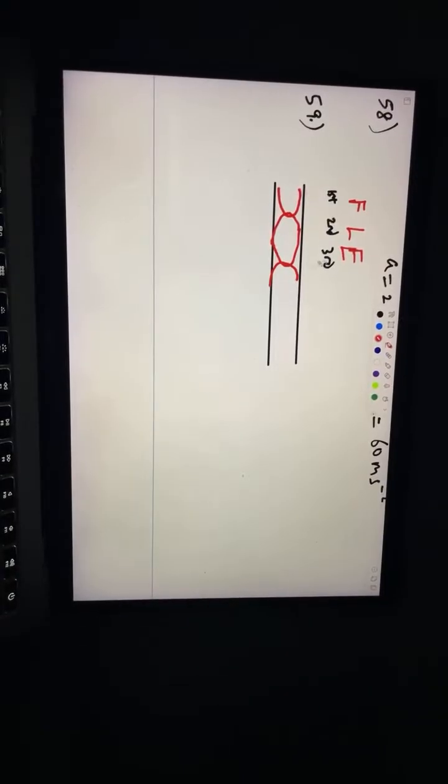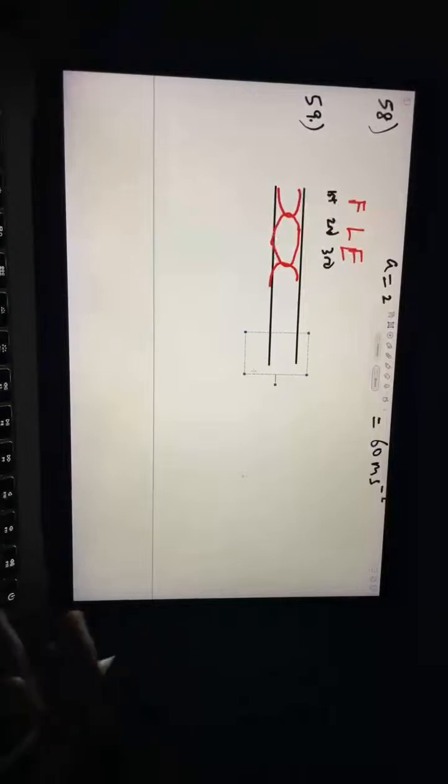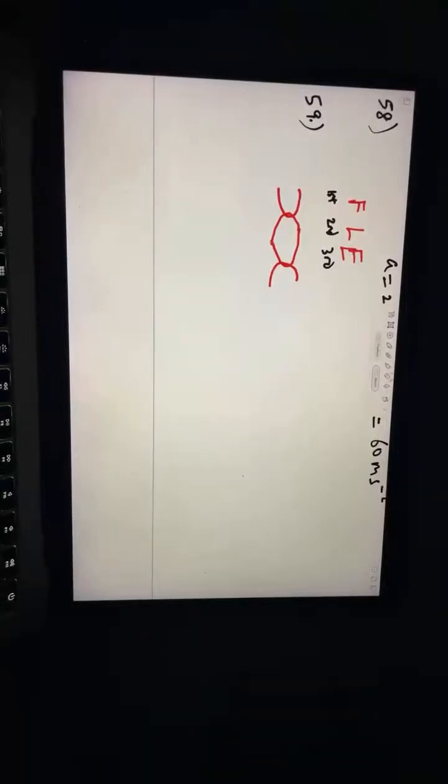So let's see the way it goes. This is the second harmonic. Now let's look at what the length will look like in this second harmonic.